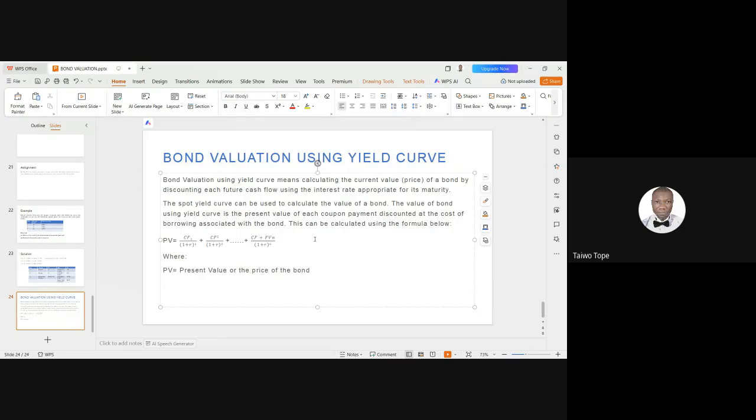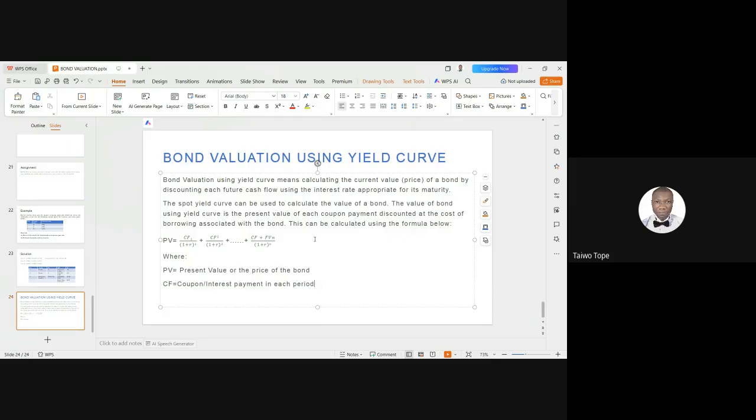And your CF is the cash flow, the coupon, the interest payments in each period. The interest payment is a cash flow actually, but specifically it's the coupon.